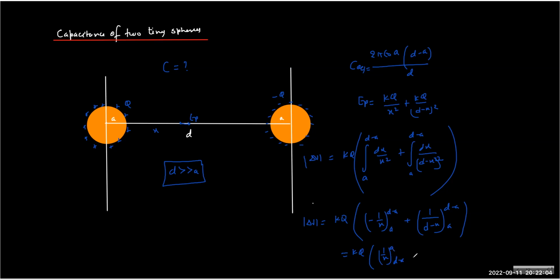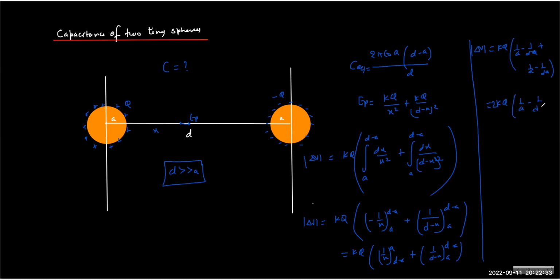We can change the sign by inverting the limits. So 1 by a minus 1 by d minus a, plus 1 by a minus 1 by d minus a. This will repeat, right? Yes. 2kQ into 1 by a minus 1 by d minus a.